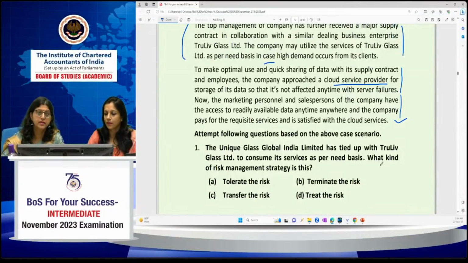In those cases, they have already tied up with TrueLive Glass Limited, which is almost in the same business as they are, but is a small business. So they will help them on a need basis. So what kind of risk management strategy is this? We would like you to answer. If you think you are aware of the answer, kindly post the answer.